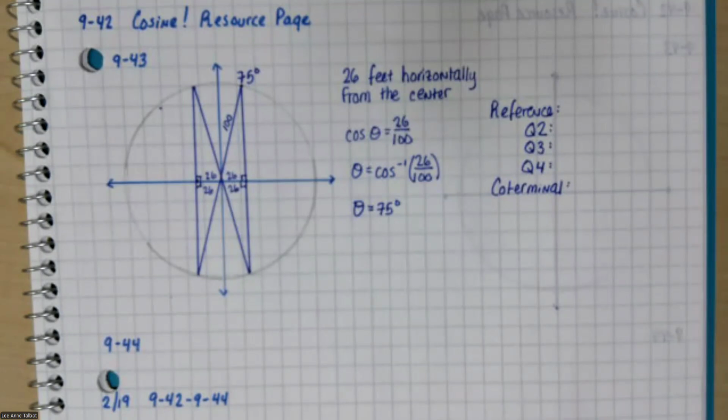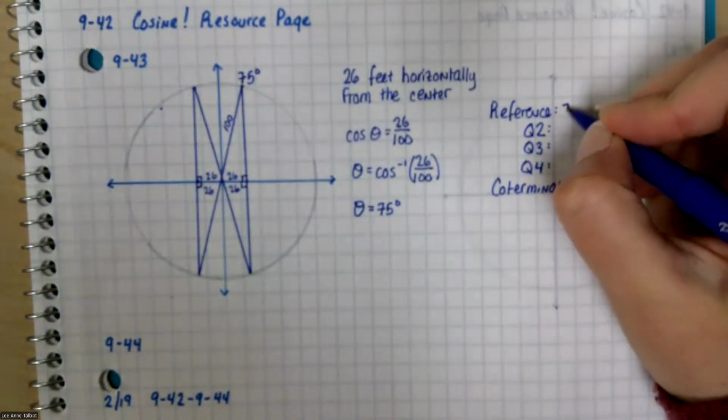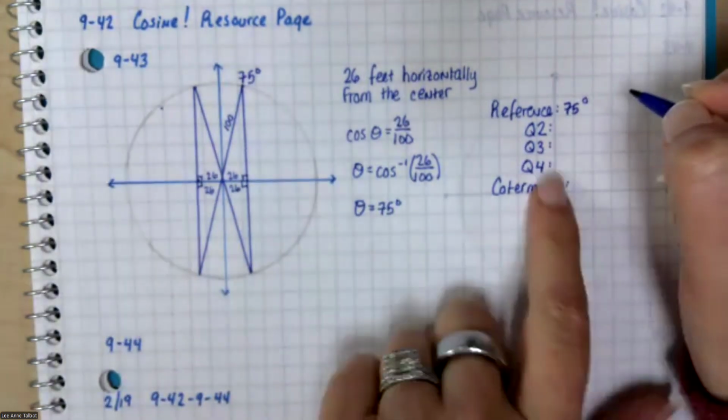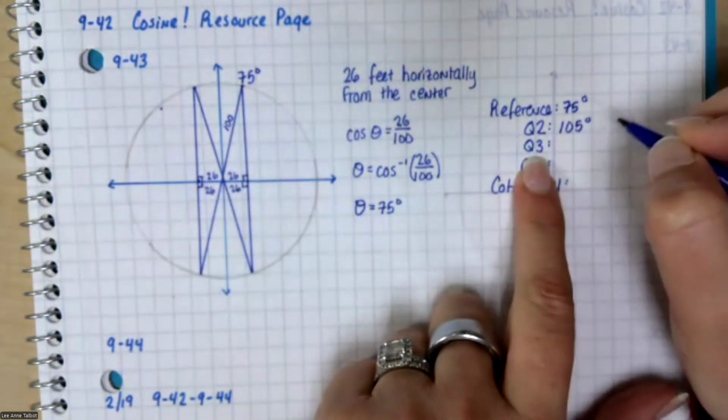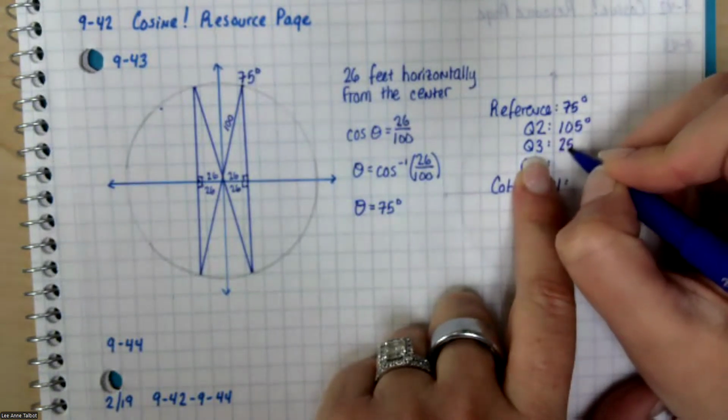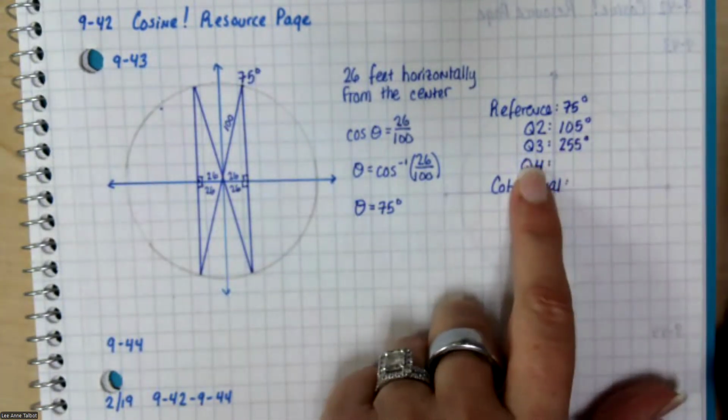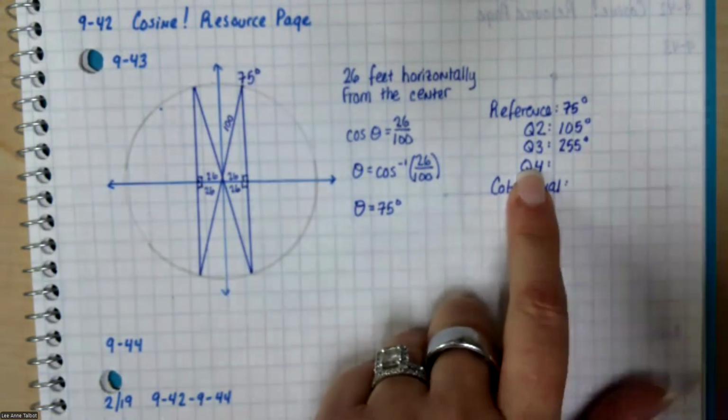Okay, here are the answers for this. The reference angle is 75. Quadrant 2 is 105. Quadrant 3 is 255. Quadrant 4 is 285.